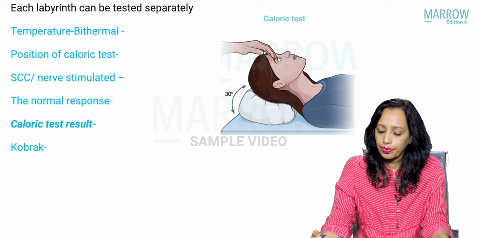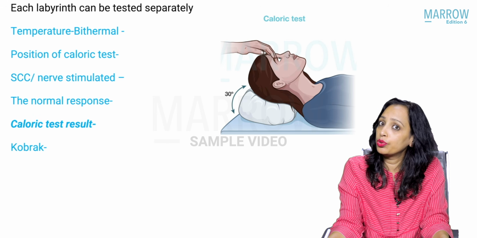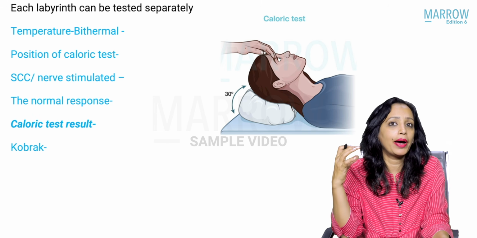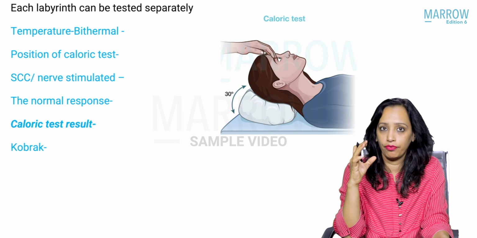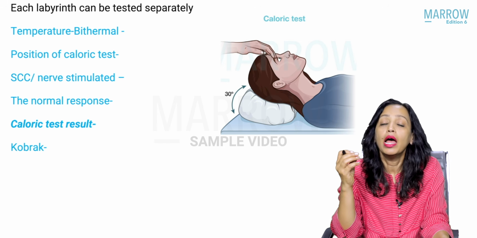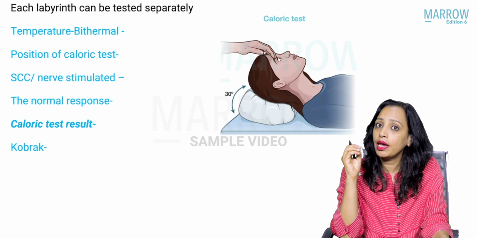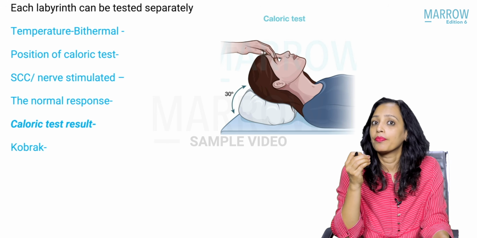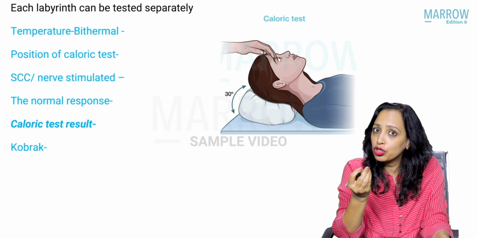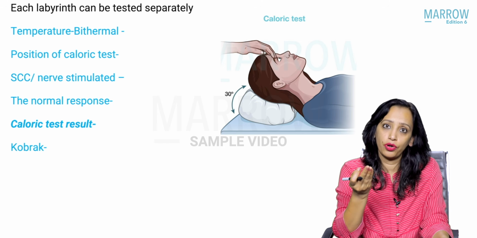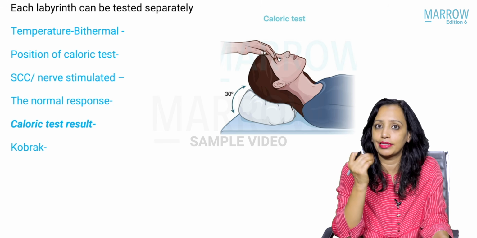Now, when we do the head impulse test, we stimulate the labyrinth by sudden movements of the head. We know that the inner ear senses the head movements, the head acceleration. Now, if instead of giving head movements, we stimulate the labyrinth by different temperatures of water, and we see whether the labyrinth is responding normally or not, that is what is known as the caloric test.